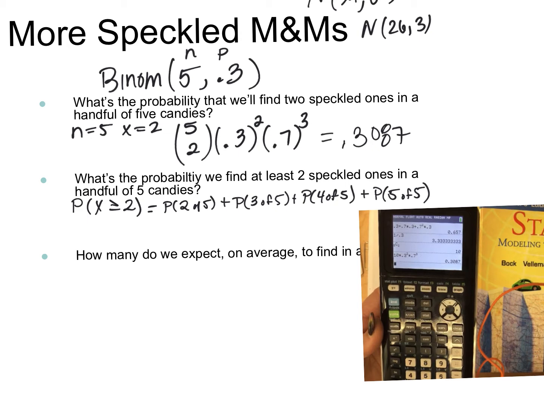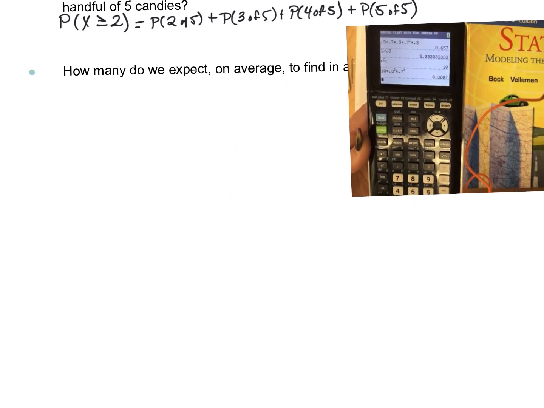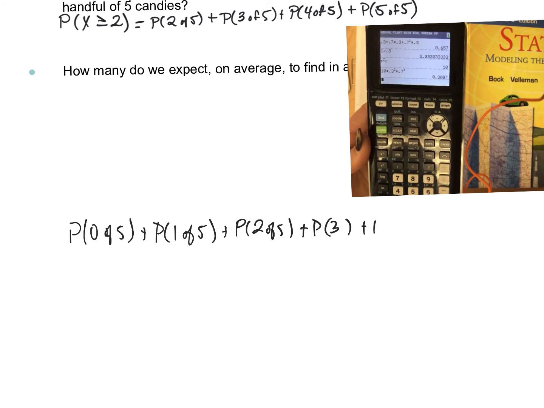Okay? So this goes back to the idea that the probability for this whole thing is 0 of 5 plus a probability of 1 of 5. These are all the possibilities in this situation. 5 M&Ms, how many of them are groovy or speckled? Plus a probability of 2 of 5 plus a probability of 3 of 5, and so on.